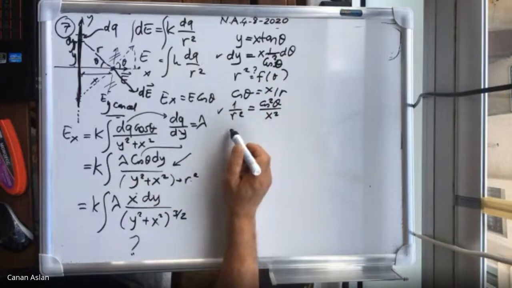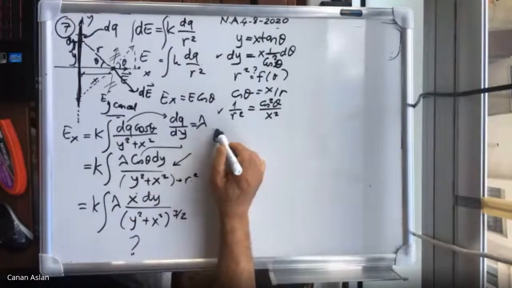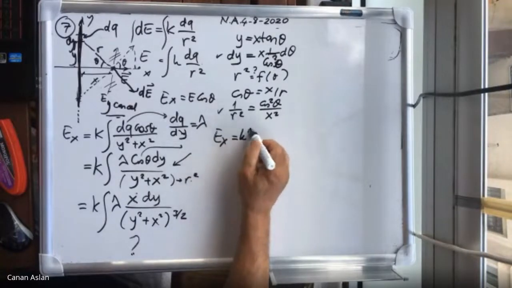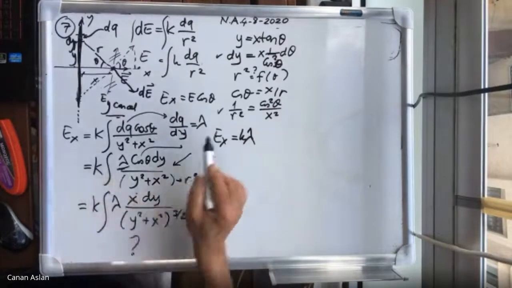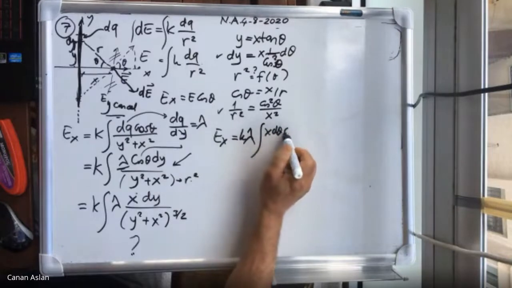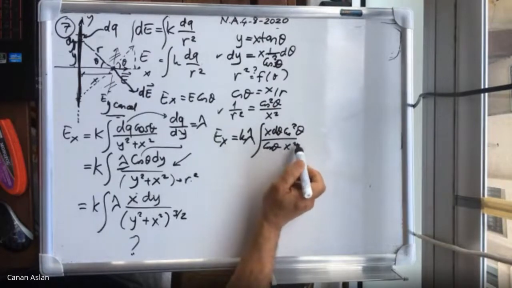Okay, good. So when we insert these things inside this integral, Ex will be given simply as k lambda, where lambda came from right there, times the integral of x times d theta, cosine square theta divided by another cosine theta, and there is x square in the denominator.